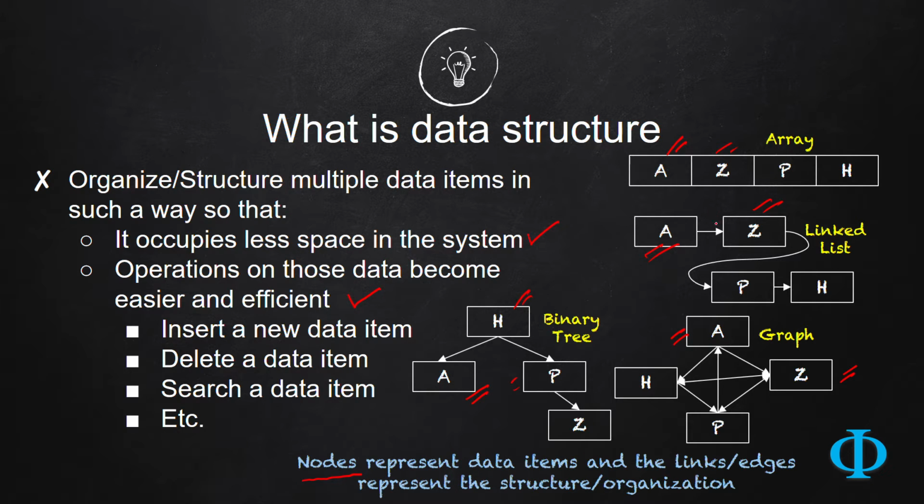And these arrows, in all the data structures, basically represent the structure or the organization of the data items. How are they linked to each other? How are all the data items connected? How is it organized? That is represented with the arrow.